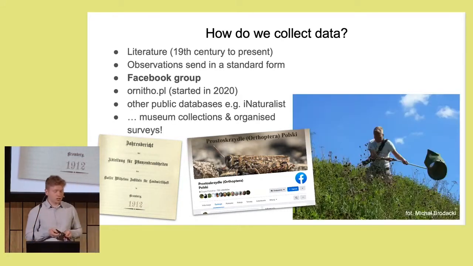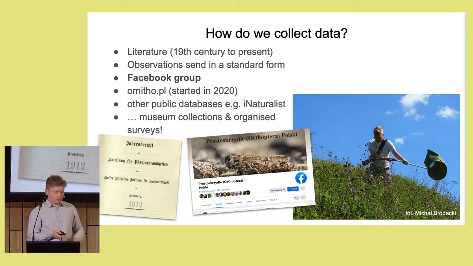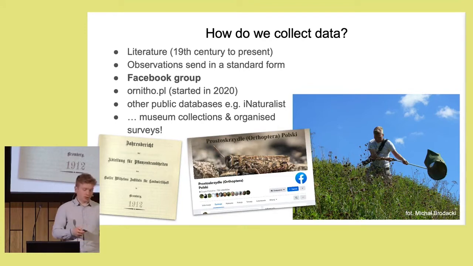And of course, we ourselves also try to collect as much data as possible. But for now, the records that we have are mostly randomly collected. We did not do any organized surveys yet that could, for example, be repeated. So this is something hopefully more to come.